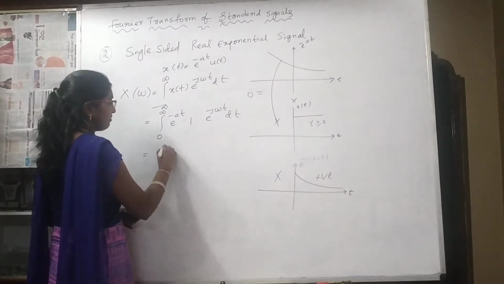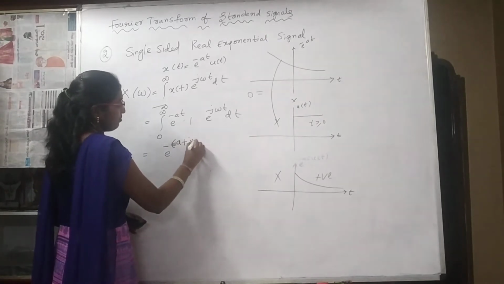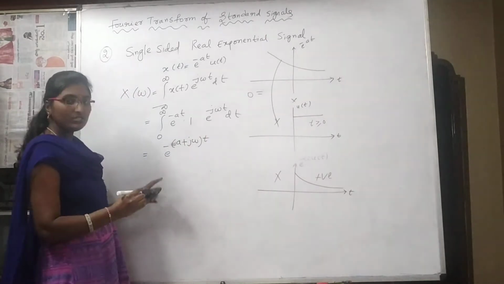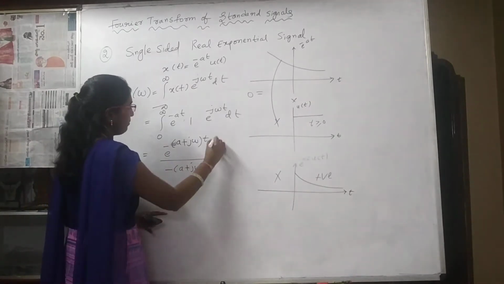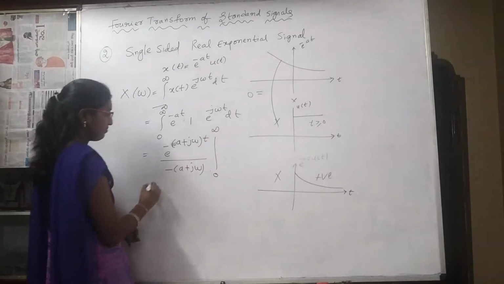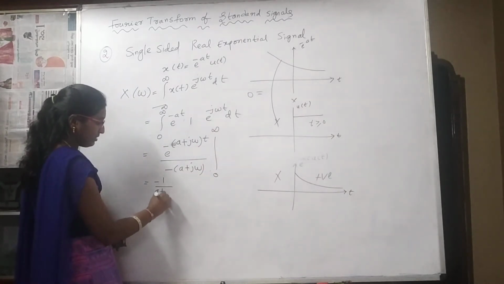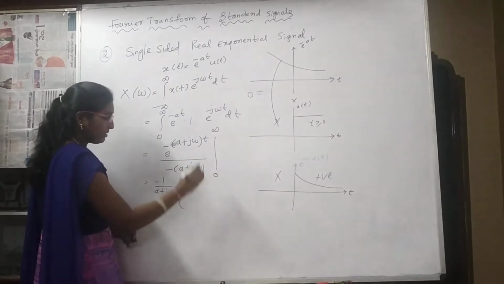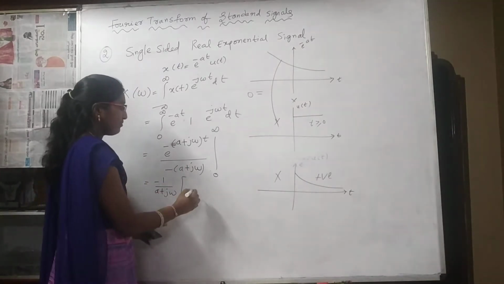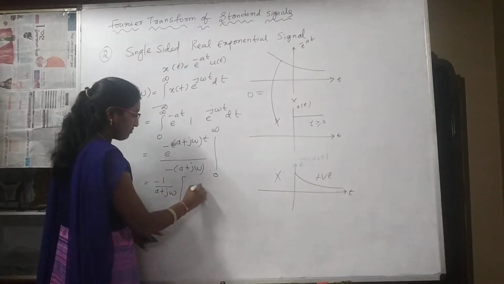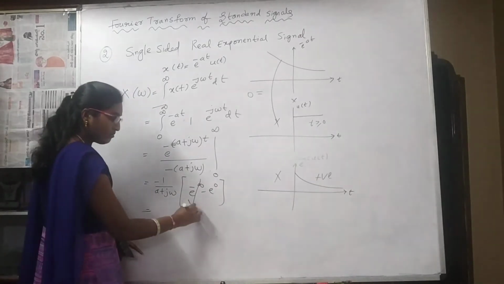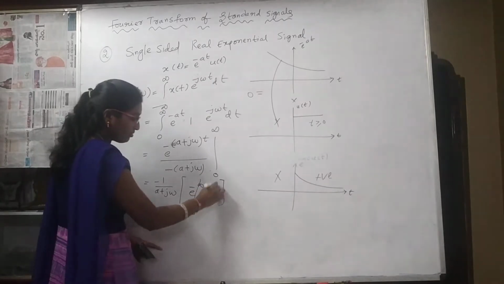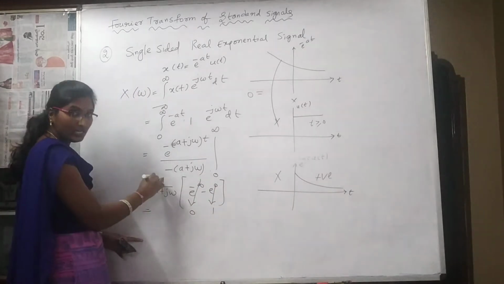Then simplify this, take minus t common: a plus j omega t, and do its integration. That will be minus 1 by a plus j omega, and apply the limits 0 to infinity. That is e power minus infinity minus e power 0. E power minus infinity value will be 0, and what about e power 0? 1. Minus 1, and minus again minus here.